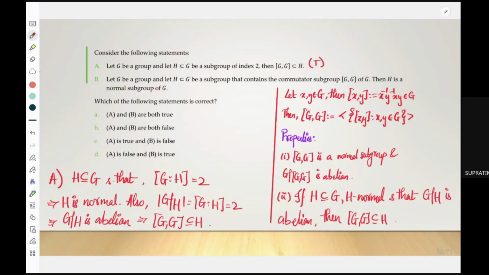Is this okay? Yes, sir. Okay. So now, what about the other? Let's look at the other part. What are we given?